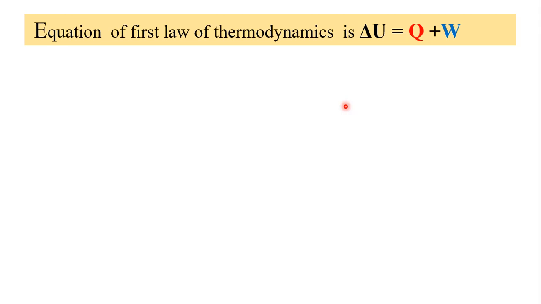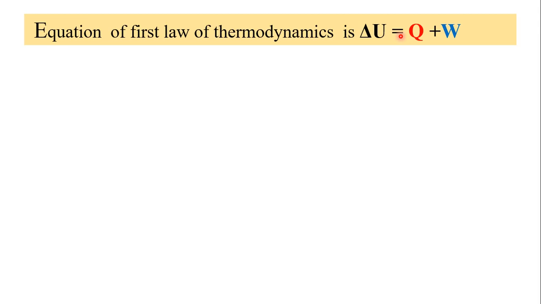So you know that according to the first law of thermodynamics, delta U is equal to Q plus W, where delta U means change in internal energy, Q means heat and W means work done. Delta U is positive, so it is an increase in internal energy of the system.